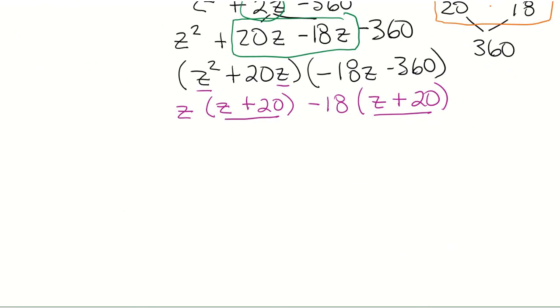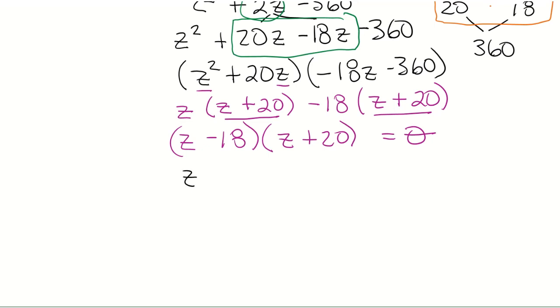If those match, then you can take the numbers on the outside. So that's going to be your z minus 18 in one parentheses, and your z plus 20 will be your other parentheses. We're going to set that equal to 0, and then using the zero property rule, we can set each of those parentheses equal to 0 and solve for our z. So that's z minus 18 equals 0 and z plus 20 equals 0.